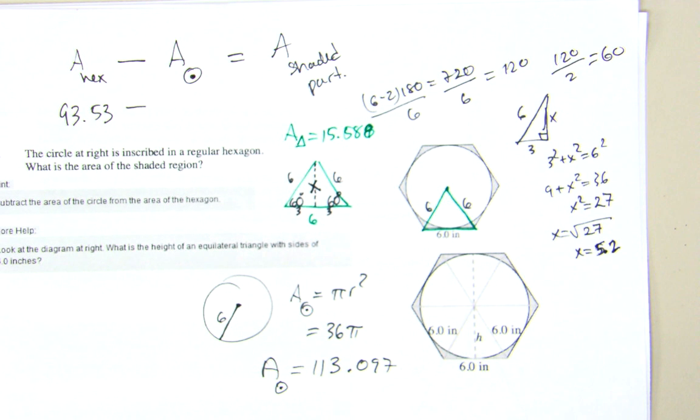Well, that definitely should not make any sense. I definitely still got 93.53. What did I do wrong? Alright, I'll come back to this. I'll figure it out later. Because otherwise, I don't know what to tell you.